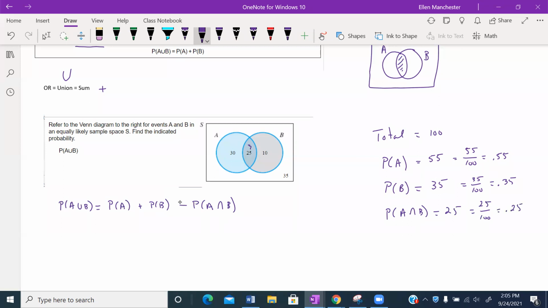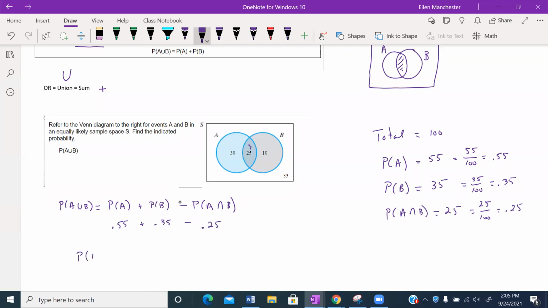Okay, so now we're set. We have all the values we need. Probability of A is 0.55. Probability of B is 0.35. And the probability of A intersect B is 0.25. And then you're just going to do the math.